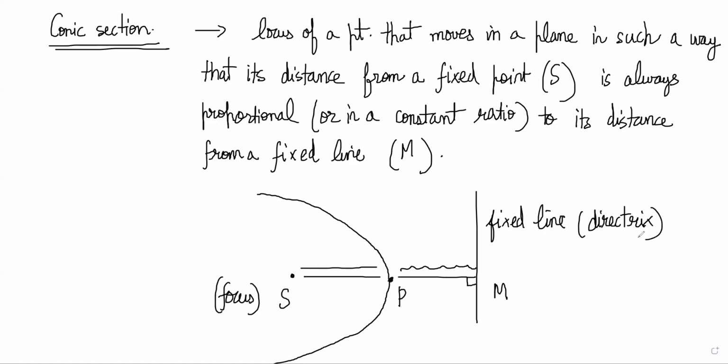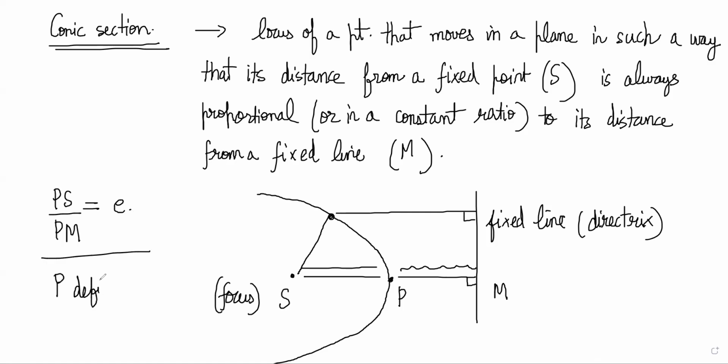So when I'm defining a general conic, I have to say that no matter where this point P moves, the ratio PS by PM is always constant. So if PS by PM is equal to a constant, then that P defines a conic section. Right now, you can see that PS by PM here is not the same as PS by PM here.